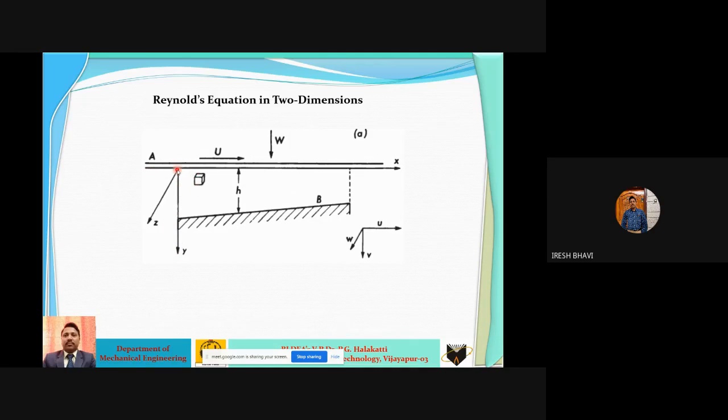So when y is equal to 0, what is the velocity? Velocity small u is equal to capital U itself, that is the velocity of the plate. Then when y is equal to h, that is at this point, what is the velocity? This surface is stationary, no? So velocity is equal to 0. So when y is equal to h, u is equal to 0, and when y is equal to 0, u is equal to capital U. Is it clear?